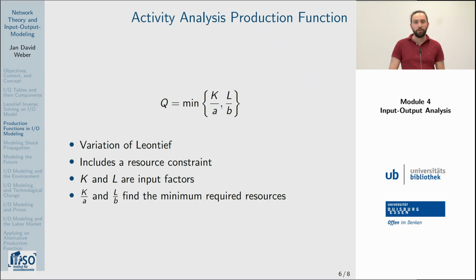We cannot exploit the planet until infinity with resources. All resources are limited and constrained, and so an activity analysis production can capture that. We have, again, capital and labor as input factors, but due to the different formatting and the resource constraint, we can, to a specific amount, substitute between different input factors.